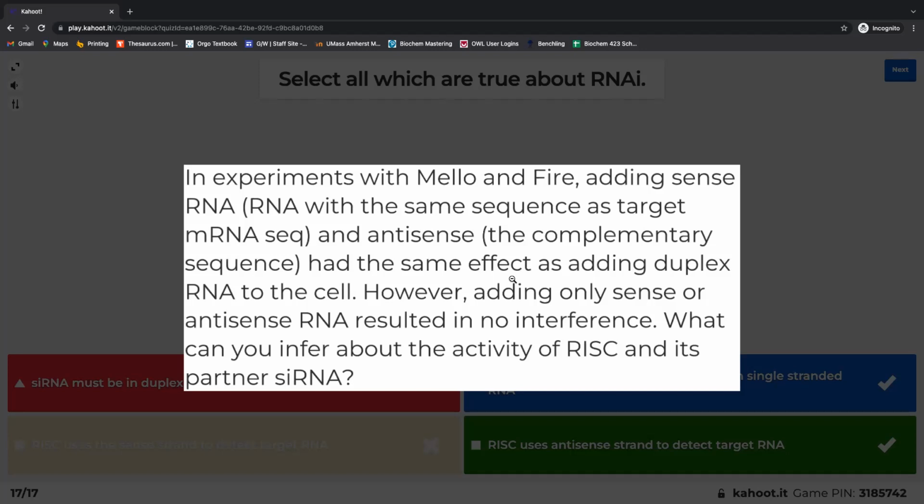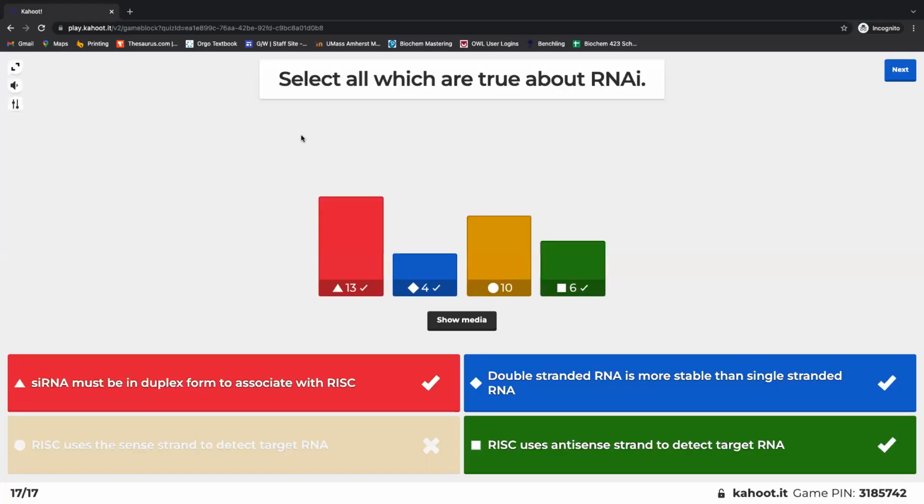Anyone? Yeah, they have to be complementary, right? So that's why the sense strand, the strand with the same sequence as the target mRNA sequence, is not used by RISC. It has to be the antisense, the complementary strand, because that is what will actually bind to mRNA.